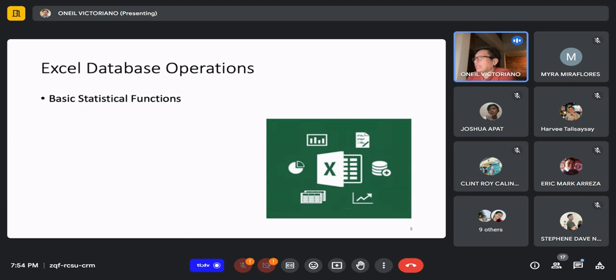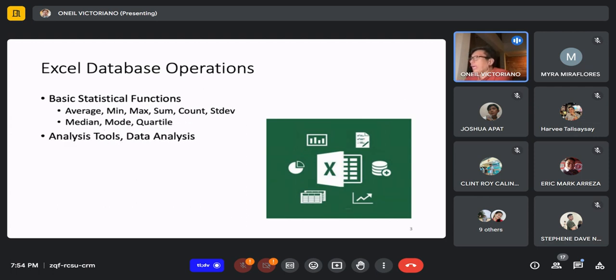Also, we should have basic statistical functions, like mean, average, max, and so on and so forth. And then we also have median, mode, and different quartiles. And then we also have the data analysis tools from Excel.